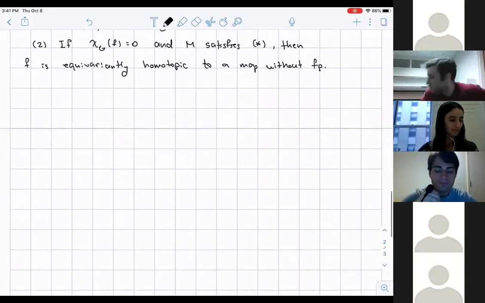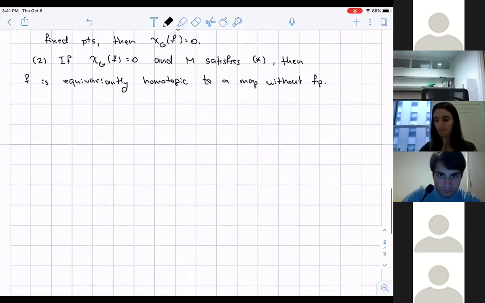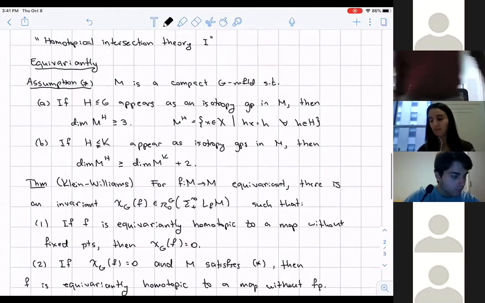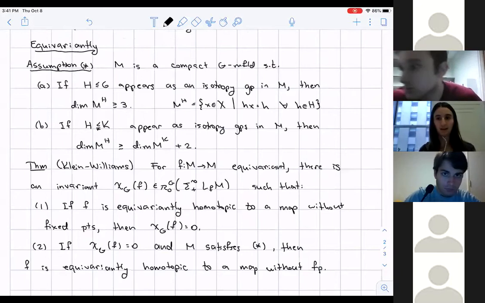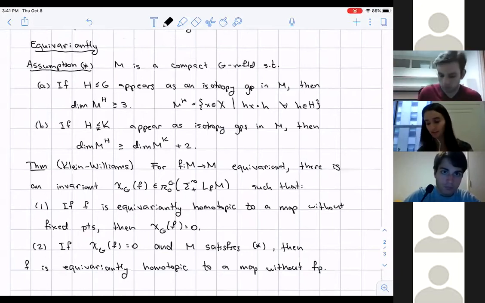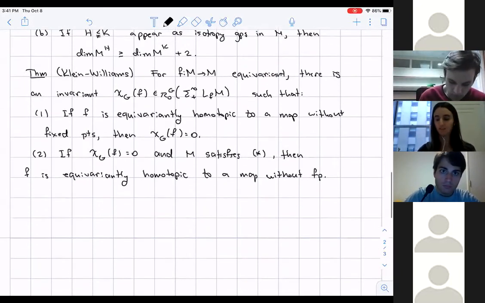So, right, let me say what hopefully happens isovariantly. One thing to note is that an isovariant map is in particular equivariant, and so you can apply this equivariant invariant to it.